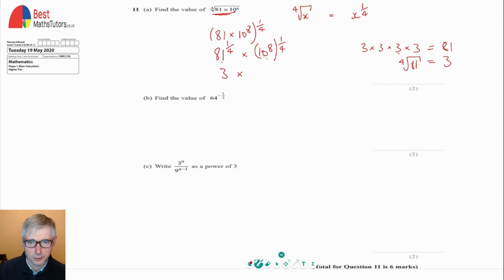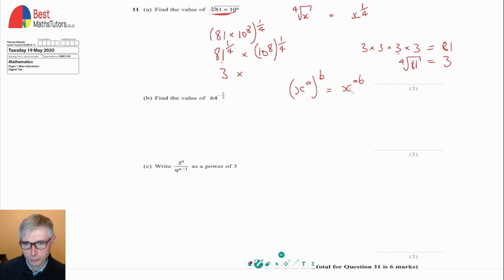Then to work out 10 to the 8 to the power quarter, we use a rule: if we have x to a power in a bracket, to another power outside the bracket, we multiply the a and the b together. This is one of the rules for indices.